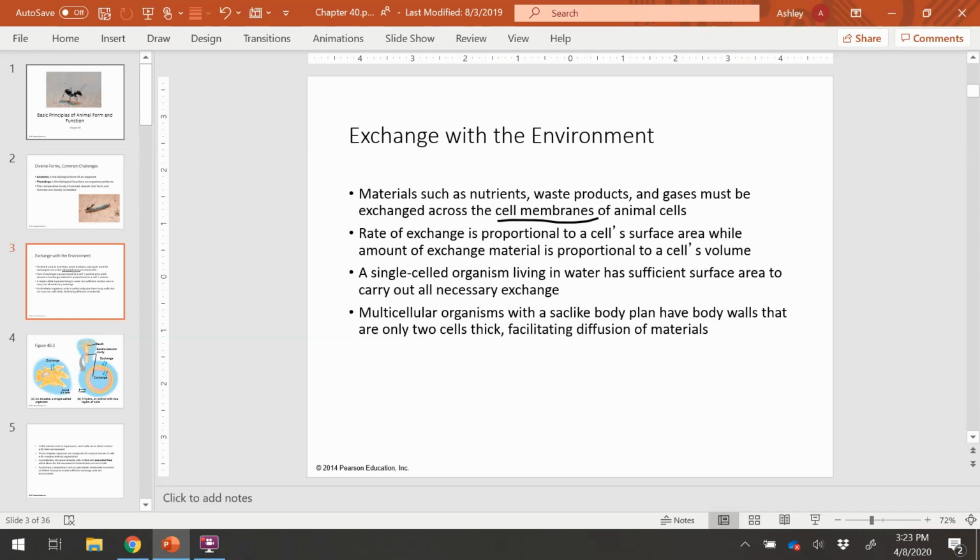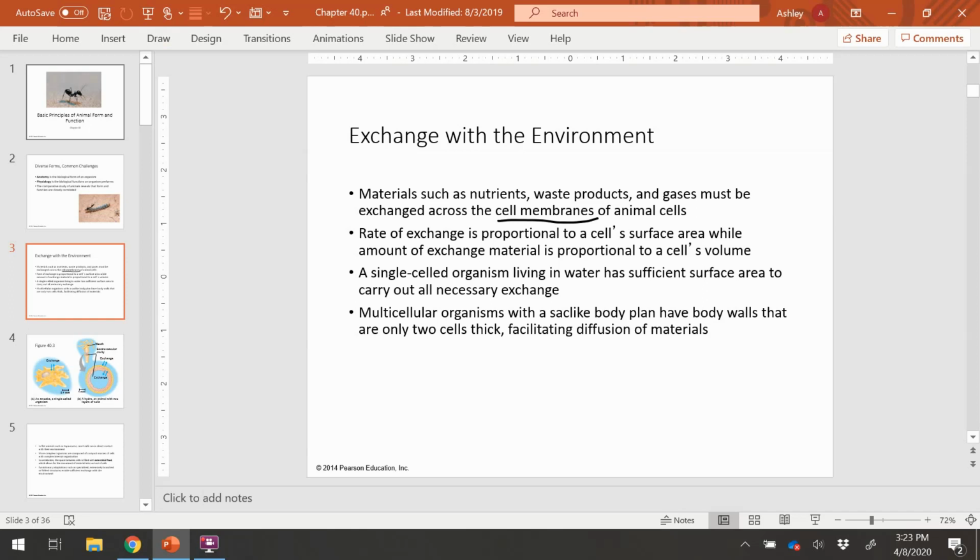The rate of exchange is always going to be proportional to the cell's surface area, so the amount of area that they have to exchange materials is going to be proportional to the cell's volume. The key theme we've looked at before is you want a high surface area to volume ratio.